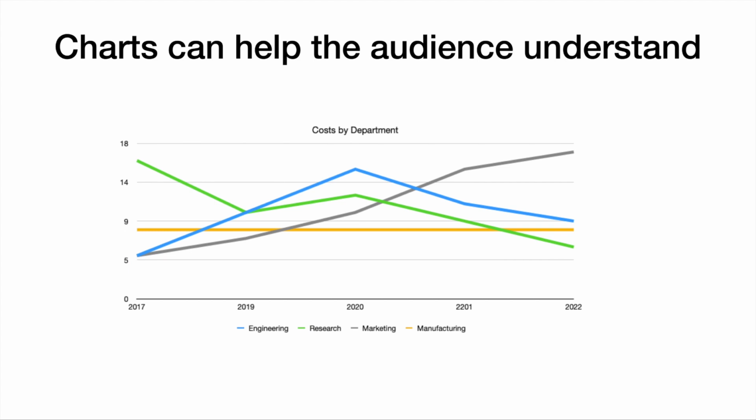So here we can see, for example, in this chart that marketing costs are increasing quite significantly year on year, while all other costs are stable-ish or even going down to some extent. Looking at this chart, it's clear that marketing budget and marketing expenditure is going up and up and up. So there's a trend there, and that's the point of this chart.